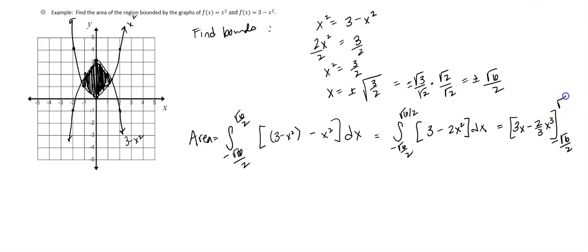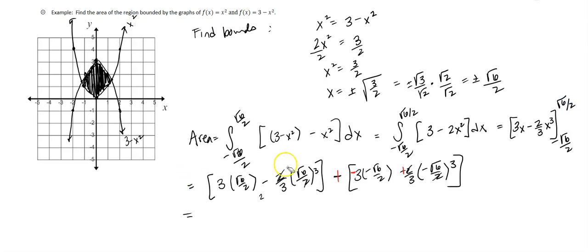And from here, we just need to deal with the arithmetic. So we're going to have 3 square root of 6 over 2 minus 2/3. When you cube a square root, you multiply square root of 6 by itself, which gives you a 6, and then you have one more square root of 6. And then when we cube the 2, we get an 8.